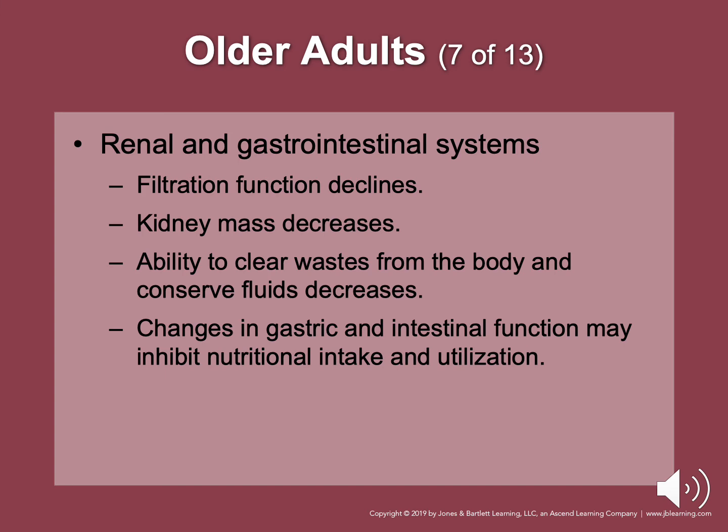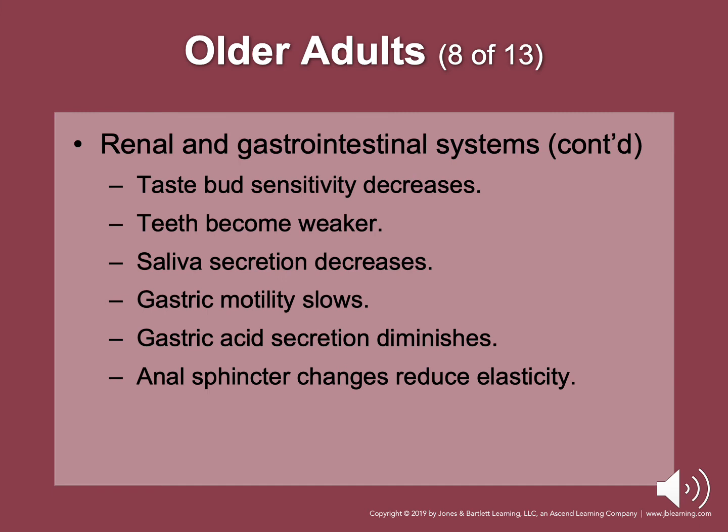Taste bud sensitivity decreases, teeth become weaker, saliva secretion decreases, gastric acid decreases, and blood flow to the mesenteric vessels drops, decreasing the ability of the intestines to extract nutrients from digested food, and so gallstones become more common.